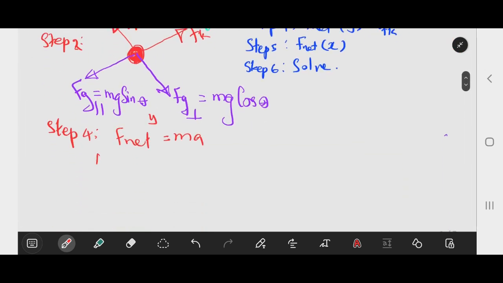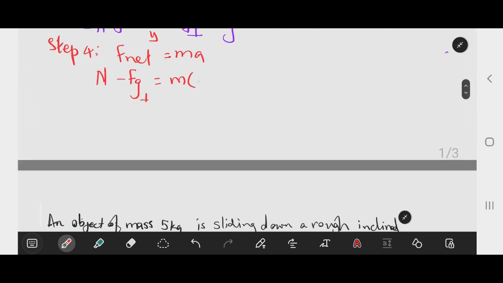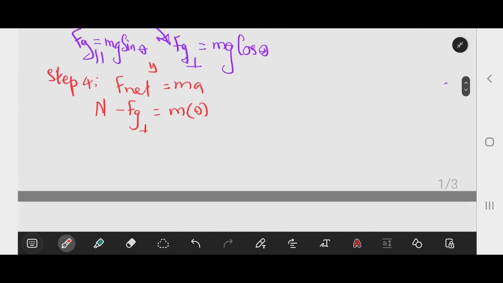So we have normal force, which is positive, minus Fg perpendicular, okay, which is negative, and that is equal to the mass of the object multiplied by the acceleration, but the object is not accelerating in the y direction, so the acceleration in the y direction is equal to 0.